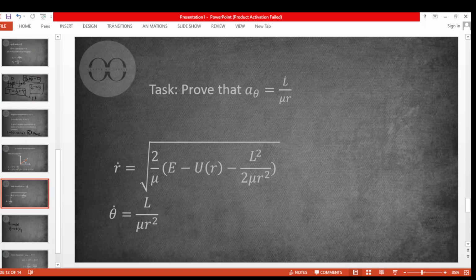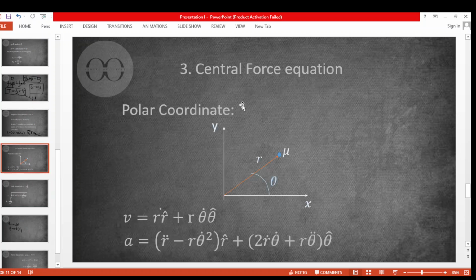Lastly, we came to the topic of the central force equation, where we transformed our Cartesian coordinates to polar coordinates, and there is a blue dot, where we reduced our two bodies into a singular body, and we declared its mass as mu, which is our reduced mass, and the position vector of mu from origin is r, and it makes an angle of theta with the horizontal x-axis.